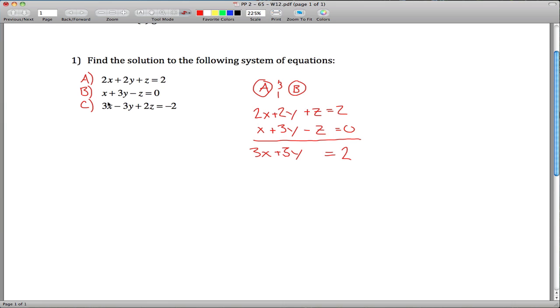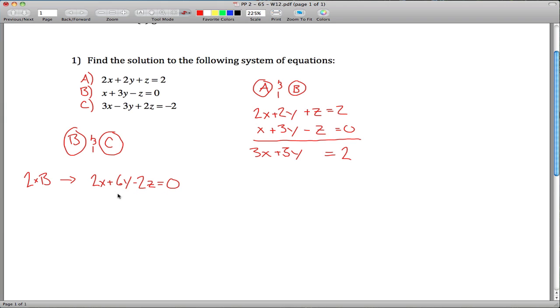Now I want to pick 2 more of these equations and eliminate z from them. So I think the easiest will be to choose B and C. And the reason I choose B and C is because I could just double B, and then when I add them up, I'll get rid of the z's. So if I do 2 times B, maybe I even write this, 2 times B gives me 2x plus 6y minus 2z equals 0.